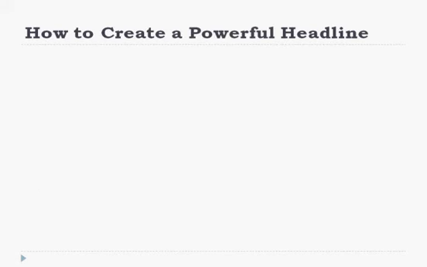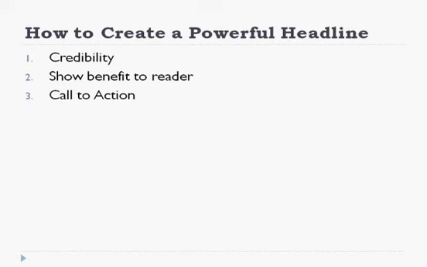And I know you're thinking, well, what do I need to do? Well, I'm going to show you how to create a powerful headline. It's a specific formula, very easy, just 3 different pieces in the formula. You need credibility, you need to show the benefit to the reader, and you need a call to action. Now, you can mix these up if you choose to do so.